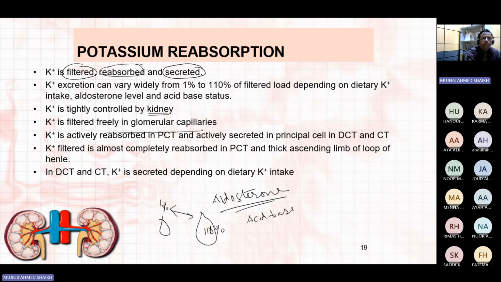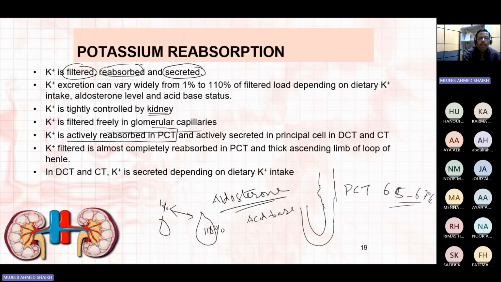It is freely filtered in the glomerulus from the glomerular capillaries, then actively reabsorbed by the proximal convoluted tubule, around 65%, because all values in the PCT are 65 to 67%. So the same amount will be reabsorbed in the PCT. When it reaches the ascending limb of the loop of Henle, there is a channel known as the sodium potassium 2 chloride channel.